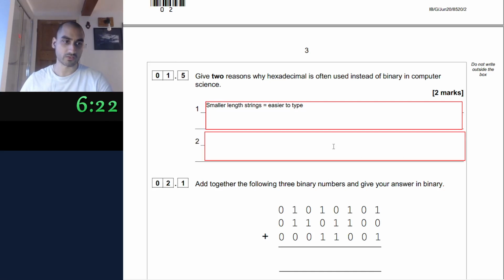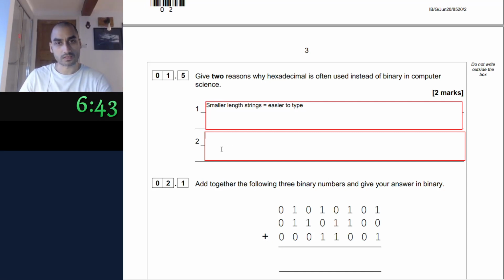What other reason? Why do we use hexadecimal? I'd have thought that's the main reason, smaller length strings, because there's nothing stopping you from using binary. It just has lots of zeros and ones.